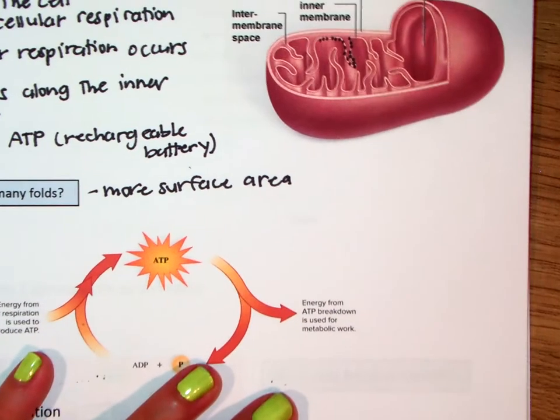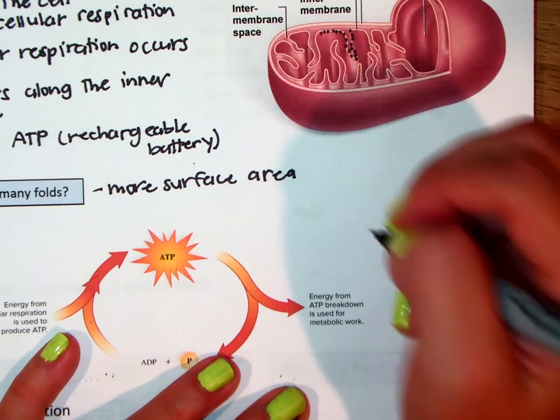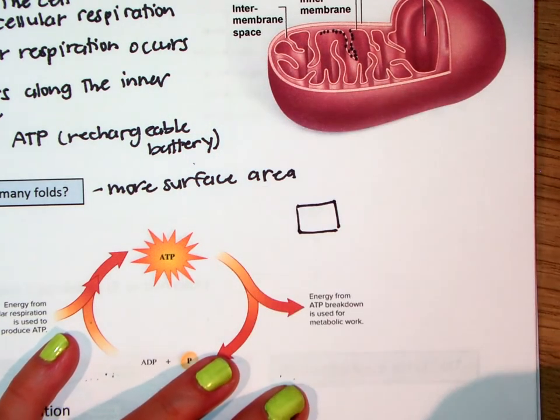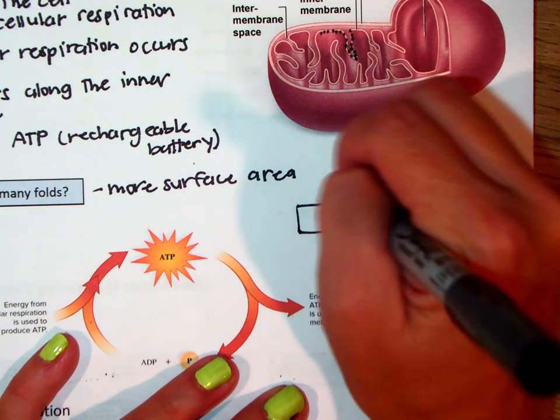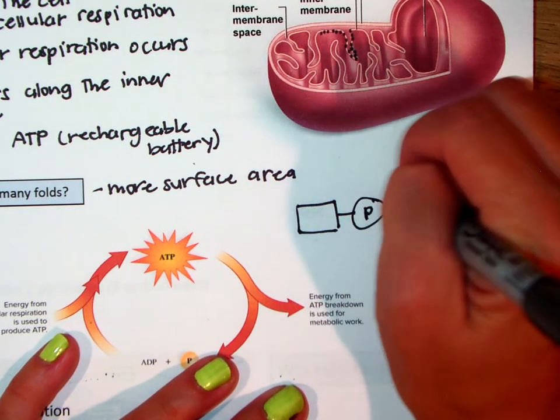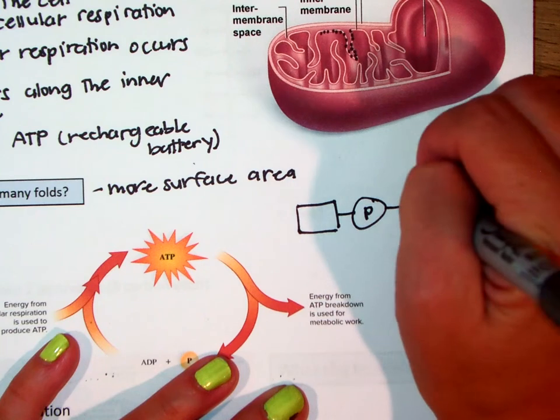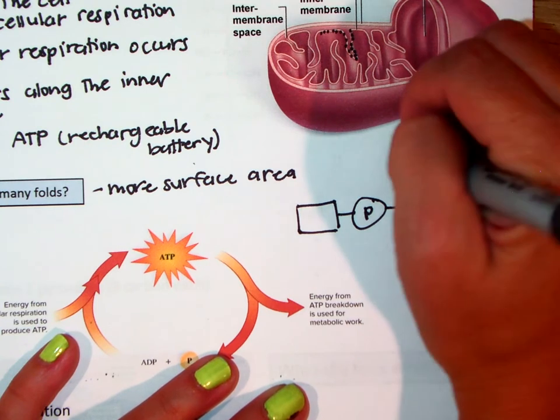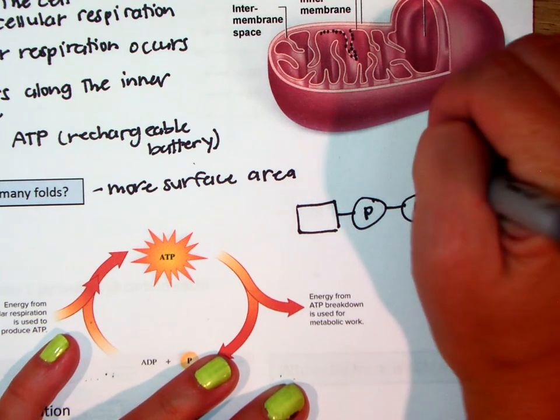So we did talk about ATP, but this is a very simplified model of it. It stands for adenosine triphosphate. So you've got an adenosine here, and you've got 3 phosphates, triphosphate, bonded to it. And this bond right here is a high energy bond.